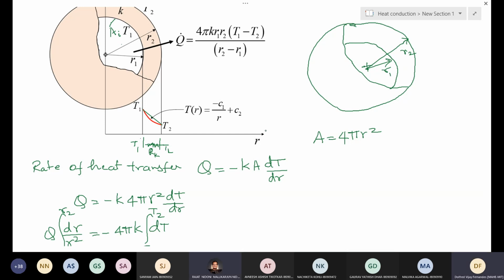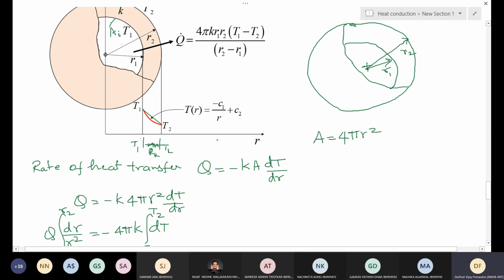So spherical will be more than cylindrical wall. That is because in the cylindrical wall the area increases with R, whereas in spherical wall area increases with R square, the square of the radius. That is why we have more heat transfer through the spherical wall.